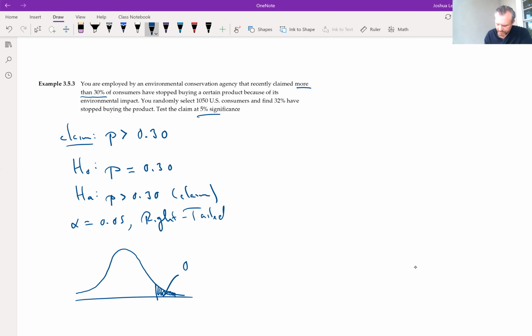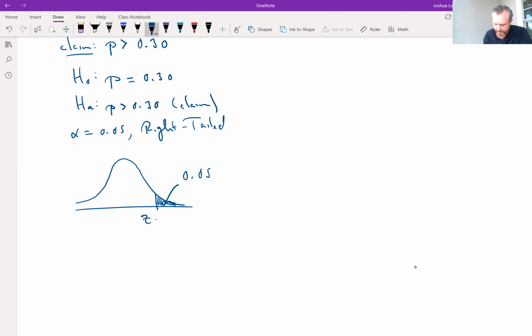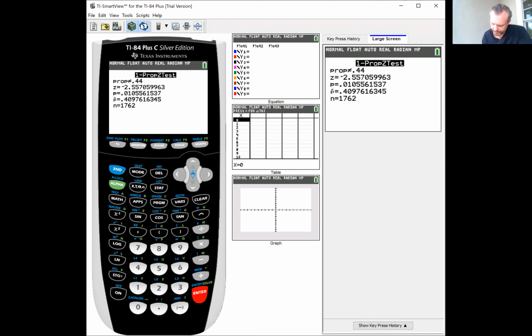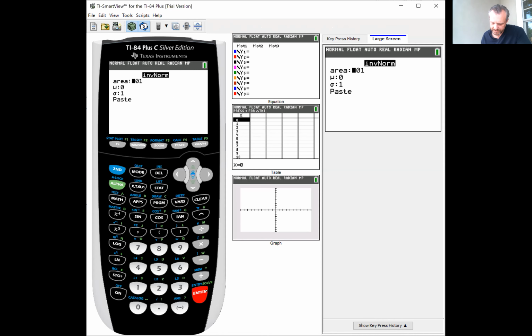That area down there is 0.05. We want to find that critical Z. And so we can come over to our calculator. We know that inverse norm will give that to us. And if that entire 0.05 is contained in the right tail, then there's an area of 0.95 left of my critical. So we get 1.645.